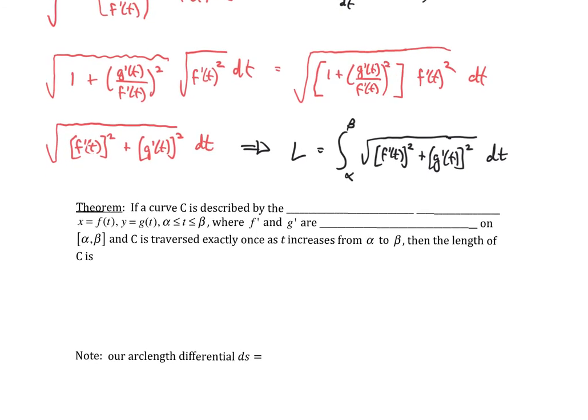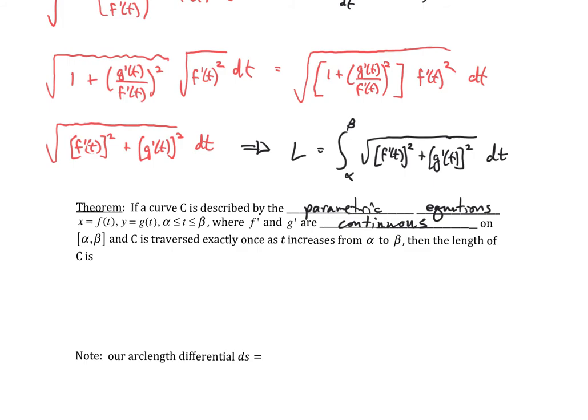If a curve is described by parametric equations x equal to f of t, y equal to g of t as t goes from alpha to beta, where f prime and g prime are continuous on this closed interval alpha beta, and C is traversed exactly once as t increases from alpha to beta, then the length of C is given by really this formula we wrote up above.